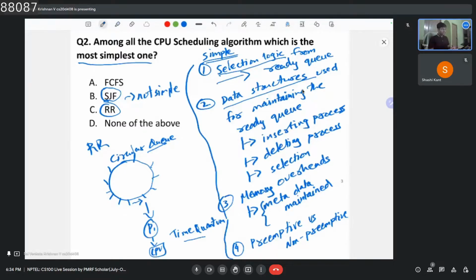So this is all about round robin, but the tricky part in round robin is the time quantum.